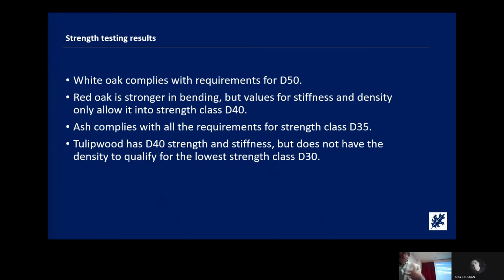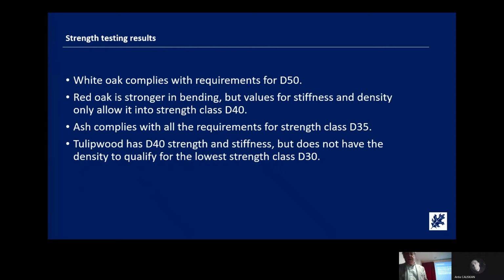So tulip wood has a strength rating of D40 in stiffness and strength, but we couldn't classify it because the density of the timber is too low. So we could not give it a strength class. So when we determine strength classes, if we look at strength classes for hardwoods, we look at a D rating for deciduous, and if it's a strength class for softwood, we look at a C rating for coniferous.